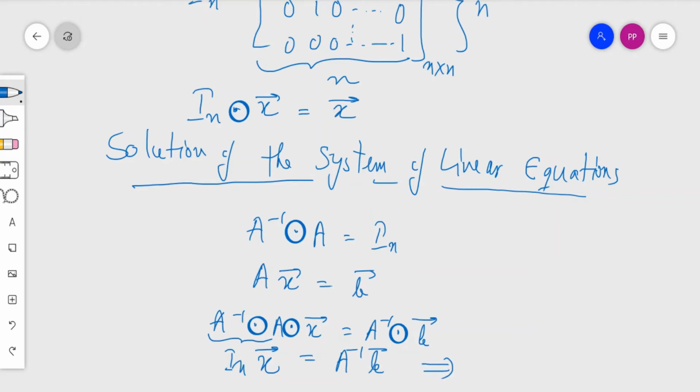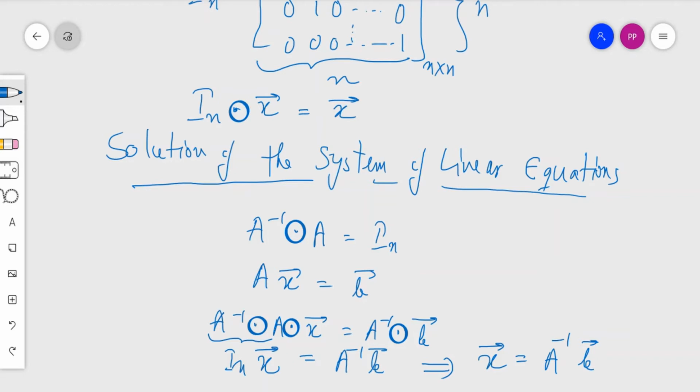Identity matrix In with Hadamard product of x vector will give us directly vector x, and this can be written as A inverse vector b. That is how we can find the solution of Ax equal to b such that x equal to A inverse b, where A should be invertible.